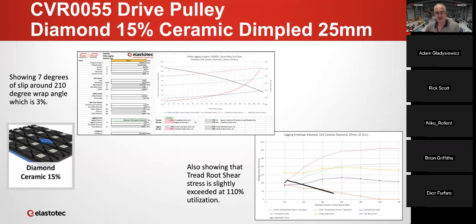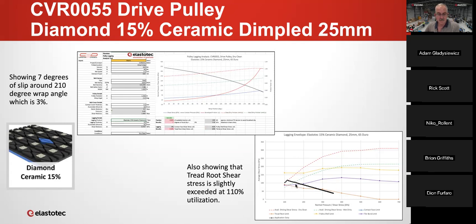Now, if we go to 25 mil thick, same lagging, just we've made it thicker. We still have a small amount of localized slip. It's come down to 7 degrees, so it's greatly reduced. And you can see down here on the fatigue side, we're now below the yellow line. The yellow line is the pulley shell interface, so we're not going to fatigue at that point.